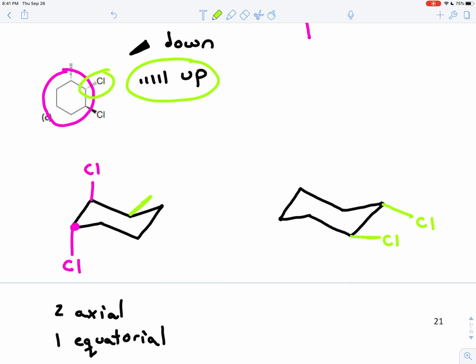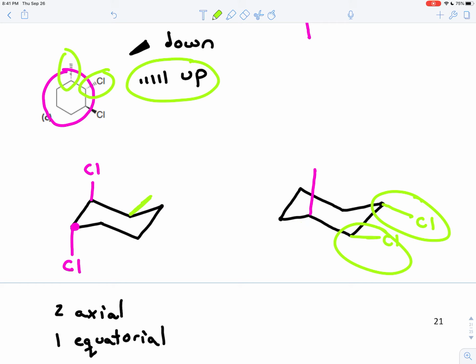Now if this chlorine is equatorial up, then next door to it, the up position must be axial, because the equatorial positions alternate. So if it's down, then up, the next one would have to be down. So this carbon is equatorial down. Every carbon has an axial and equatorial position that point in opposite directions. If this is equatorial down, then the axial position is the one that's pointing up.